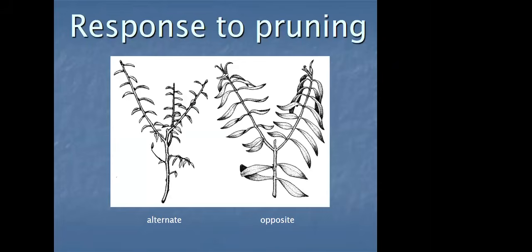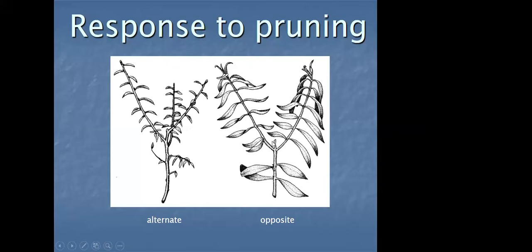to that branch collar. Just to give you a sense of response to pruning, the one on the left here shows if you make a cut right in the center there, that bud right below where you made the cut, that's where you're going to see growth take off.